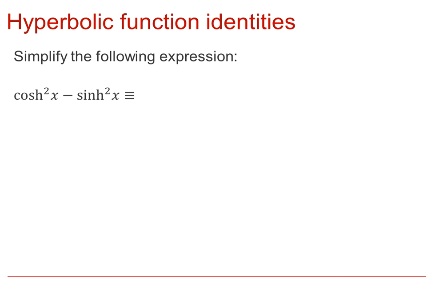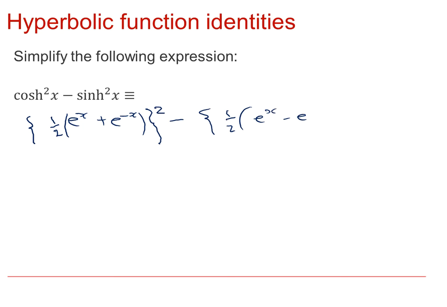Simplifying the following expression, substituting the exponential forms given for cosh x and sinh x would give us a half e to the x plus e to the minus x all squared, minus a half e to the x minus e to the minus x all squared.